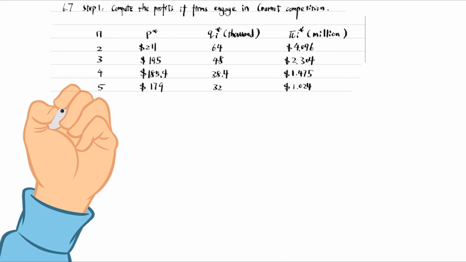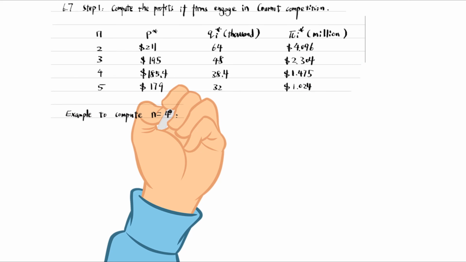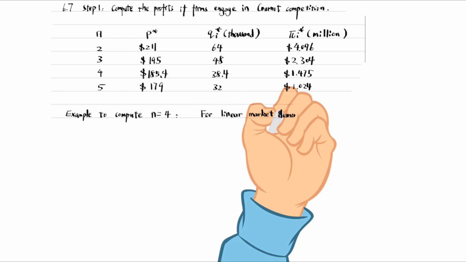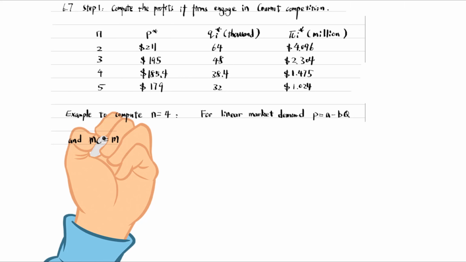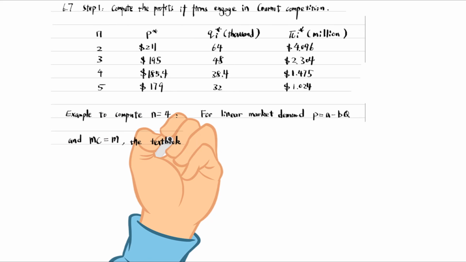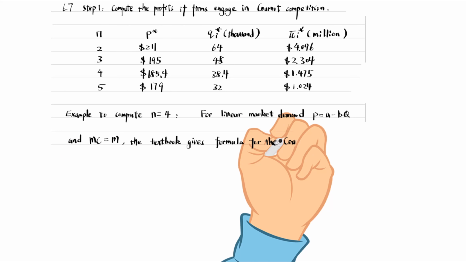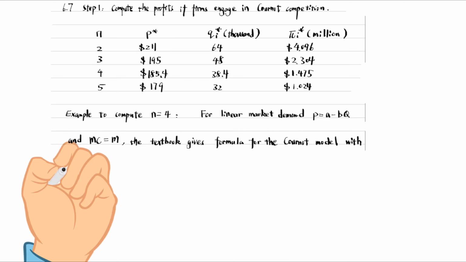We first write a table for the price, quantity, and profit in the Cournot model for different numbers of firms. An example of computation for n equals 4 is as follows. For a linear market demand, P equals A minus B times Q, and a marginal cost of M, the textbook gives the formula for the Cournot model with many identical firms.